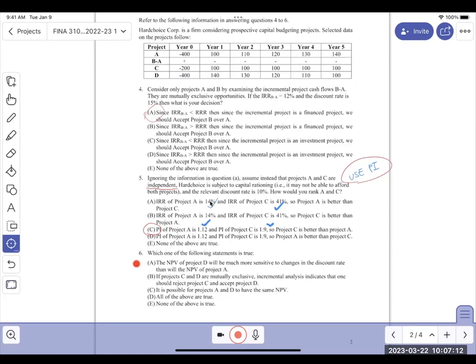But comparing it to project A, now we have a relative measure. They have the same initial outlay. And you see it's the reverse. So when I see these two, which one is more affected by the discount rate?